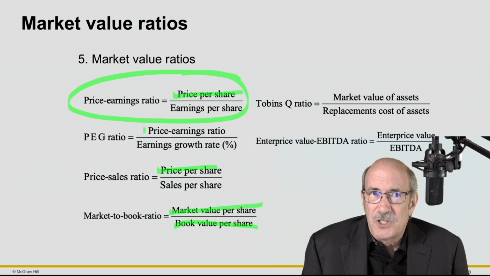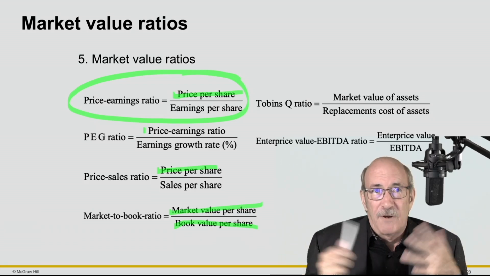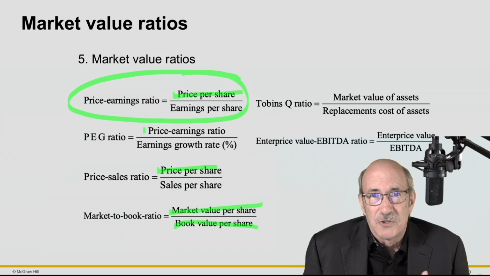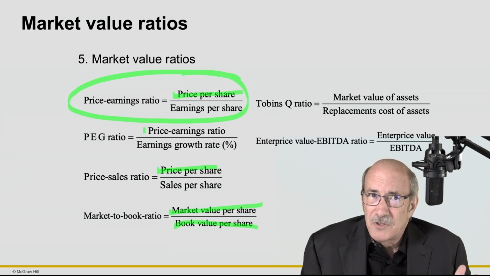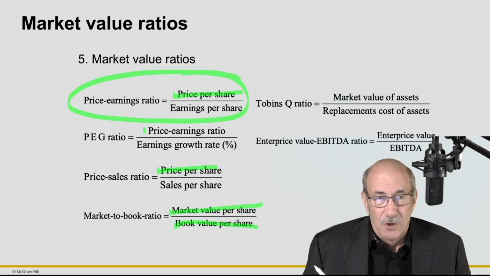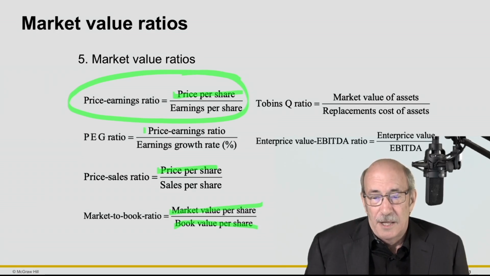So what makes these assets really valuable to the marketplace might be a Steve Jobs and everybody that Steve hires to work for him, all of the talented engineers at Apple. It's not so much the assets, it's the people, and they're not captured anywhere on this balance sheet. So they might still have a high market to book simply because they have such great personnel and talent.